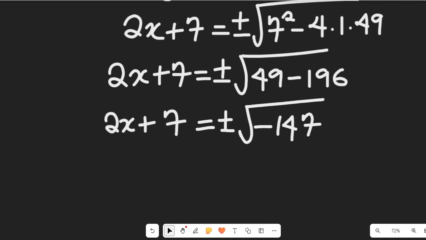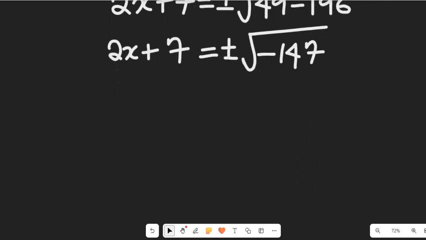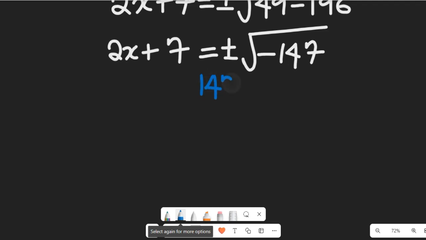Now, with this expression, I can simply expand this. 147 can be equal to 49 times 3, because 49 times 3 gives me 147: 9 times 3 is 27, 4 times 3 is 12 plus 2 is 14.